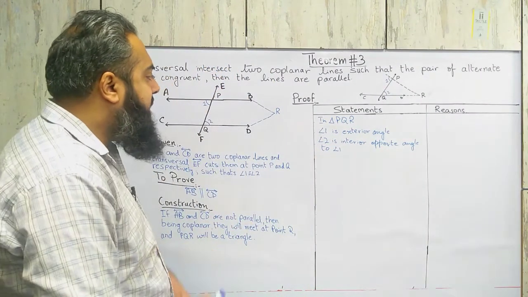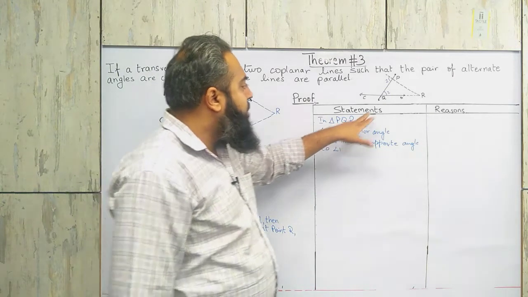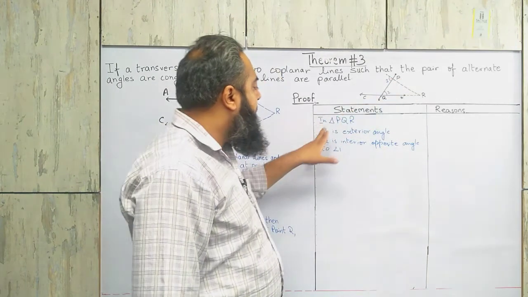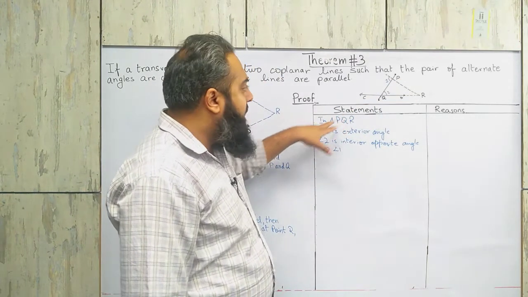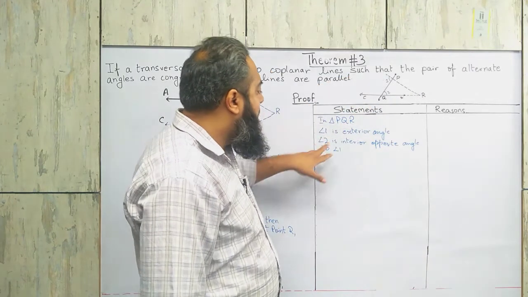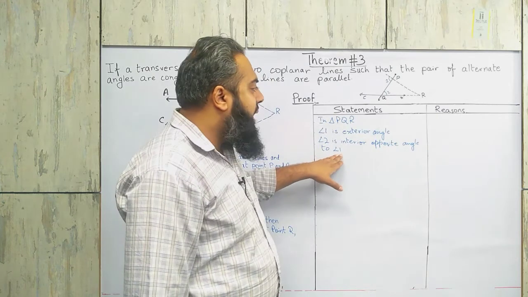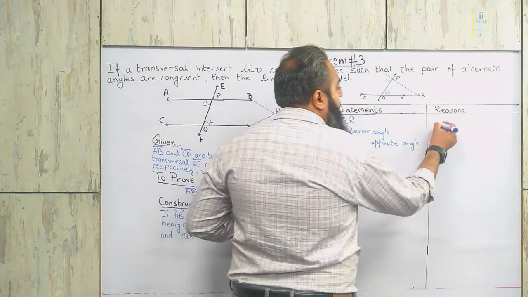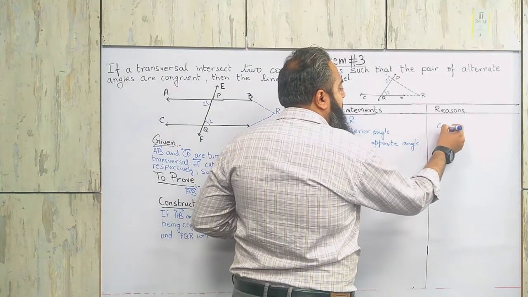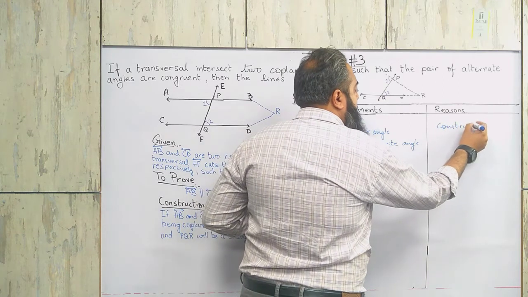Okay, now you can see that if PQR is a triangle, angle 1 will be an exterior angle and angle 2 will be the interior opposite angle to angle 1. Okay, this is our construction.